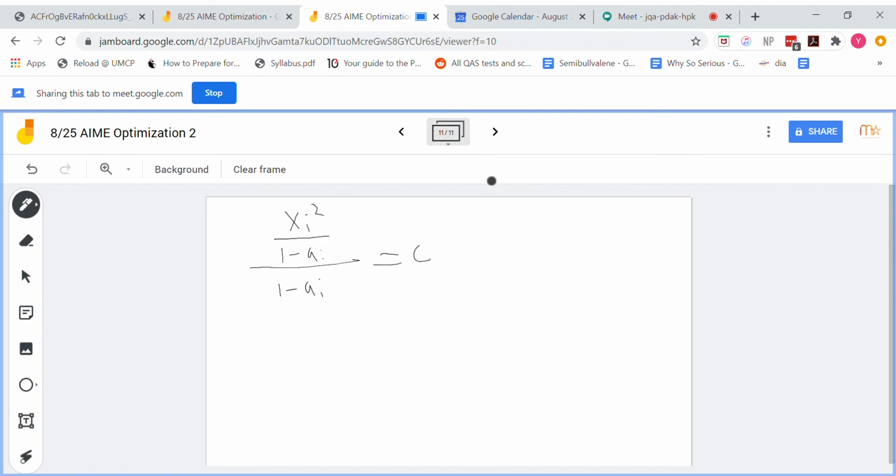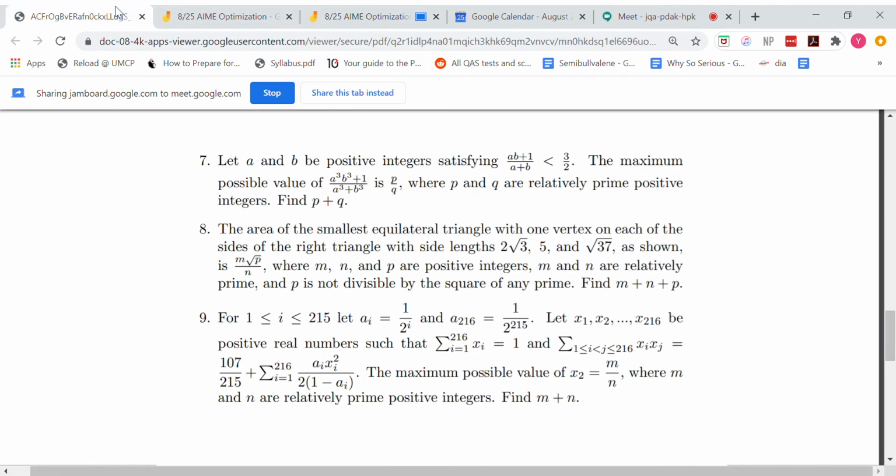And so this comes out to be xi squared over 1 minus ai squared is equal to a constant. And so xi over 1 minus ai is equal to a constant. And so xi is equal to a constant times 1 minus ai, right? And so we found a formula for xi in terms of 1 minus ai, or in terms of ai.